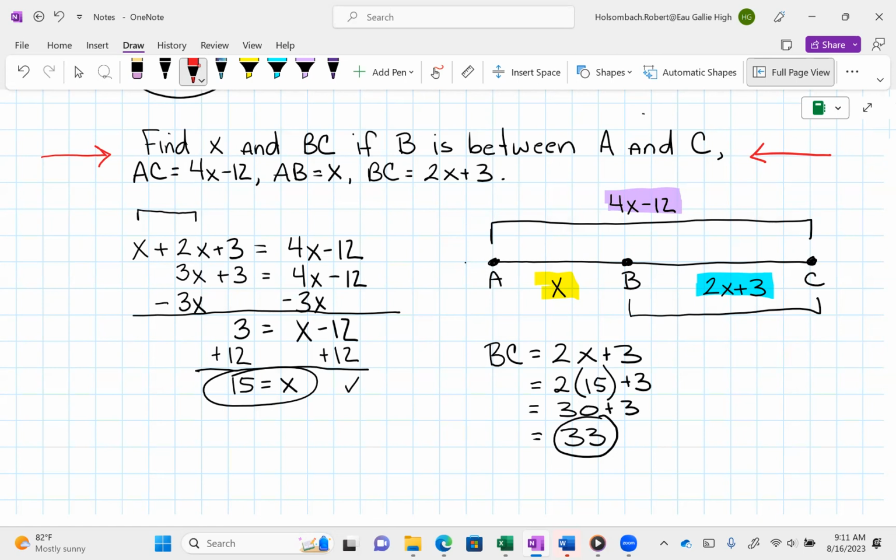That's too time consuming. Just read the information that's in the book, but you do have to draw the diagram because the diagram makes the problem make sense. To me, it does anyway. So you're going to draw the diagram, then you're going to show me your equation, and then you're going to show me how you substitute the value of the variable into the segment that you need to find. Okay? Any questions?